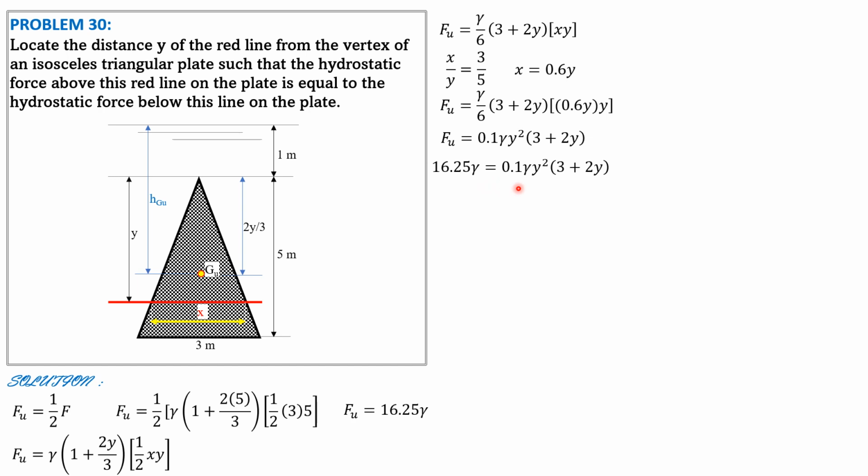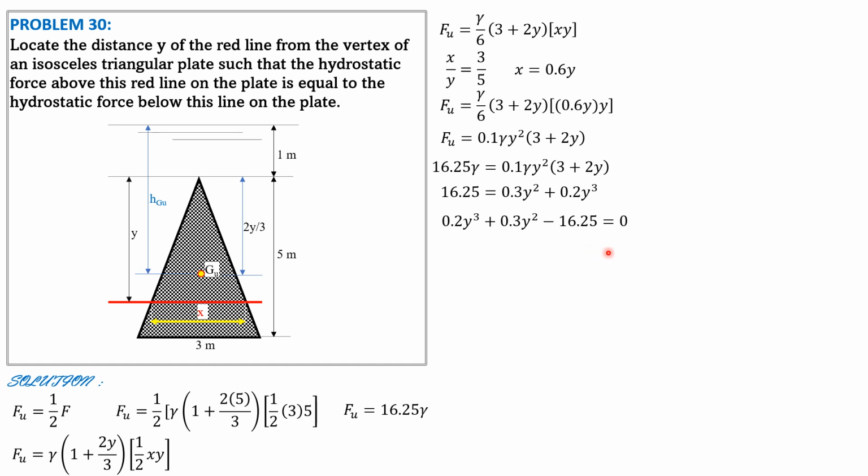So 0.1 specific weight, y squared, 3 plus 2y. Cancel out specific weight. So 16.25 equals 0.3 y squared plus 0.2 y cubed. So rearranging, 0.2 y cubed plus 0.3 y squared minus 16.25 equals 0.